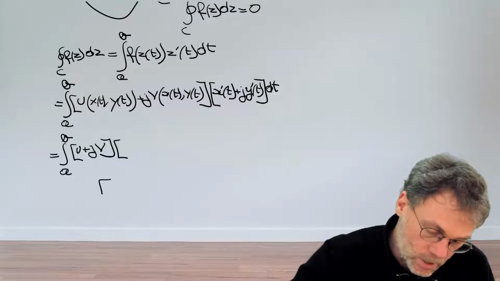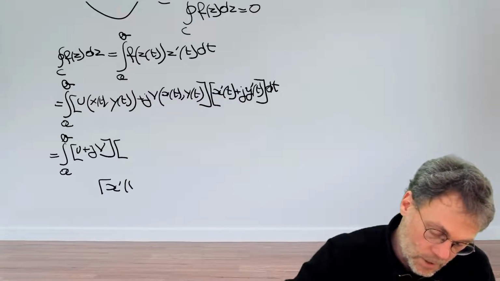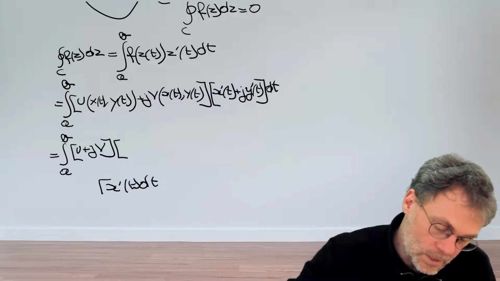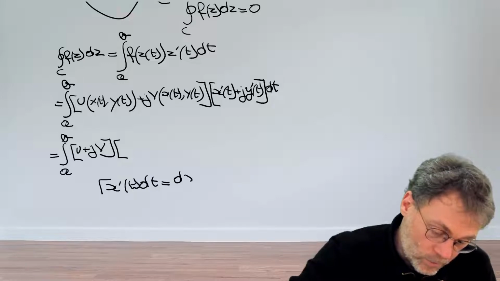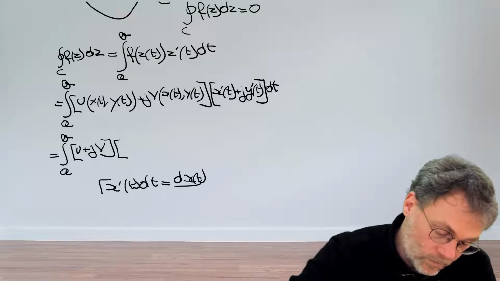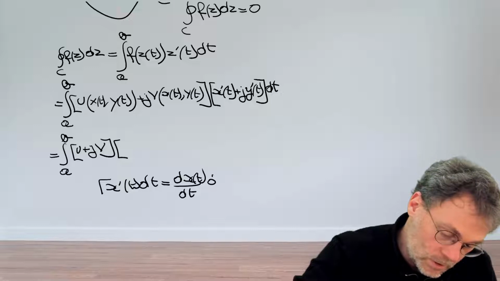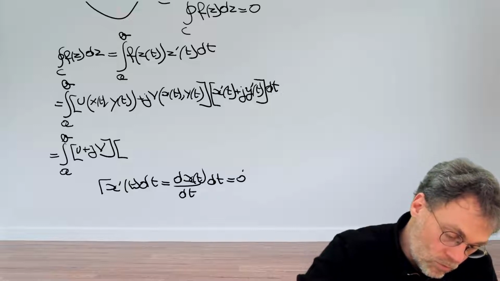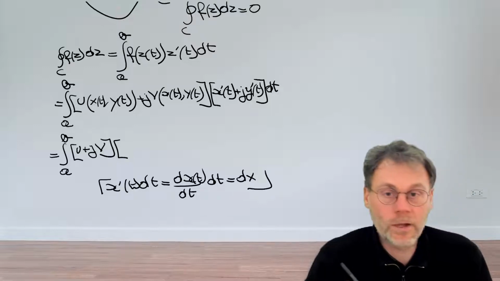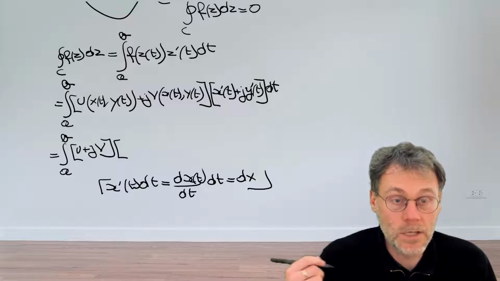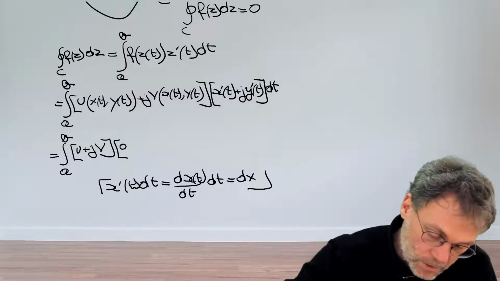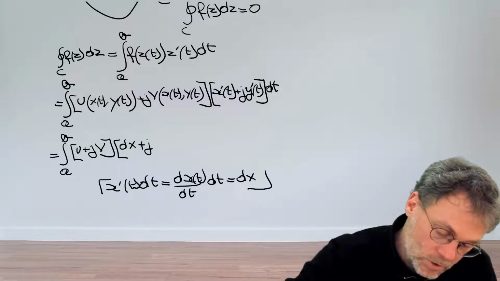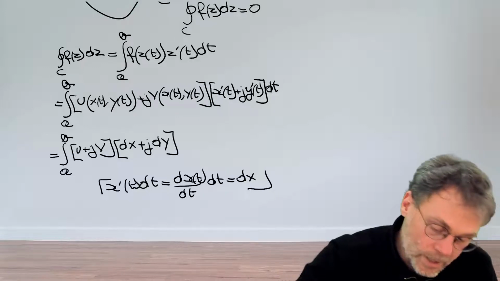What we have here are terms like x prime t dt. x prime, remember, is basically the derivative dx dt, times dt. So we can write this in a bit more compact form as simply dx. So if we do that, we can write here dx plus j dy.